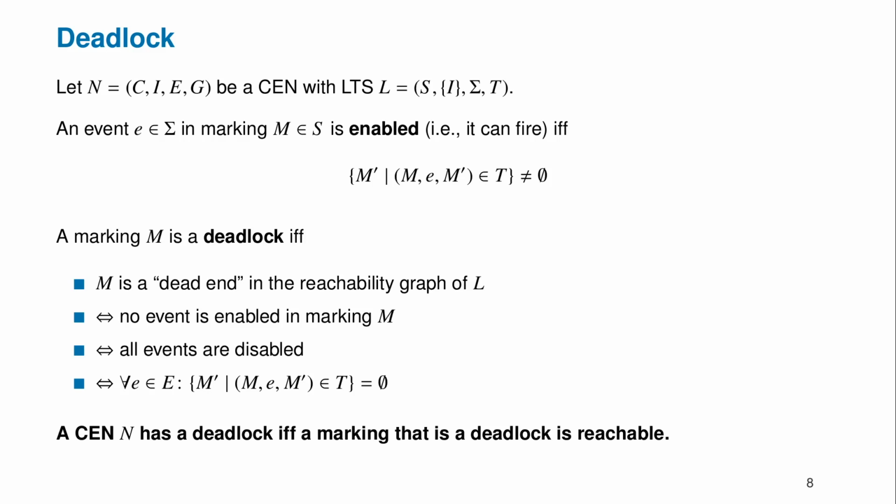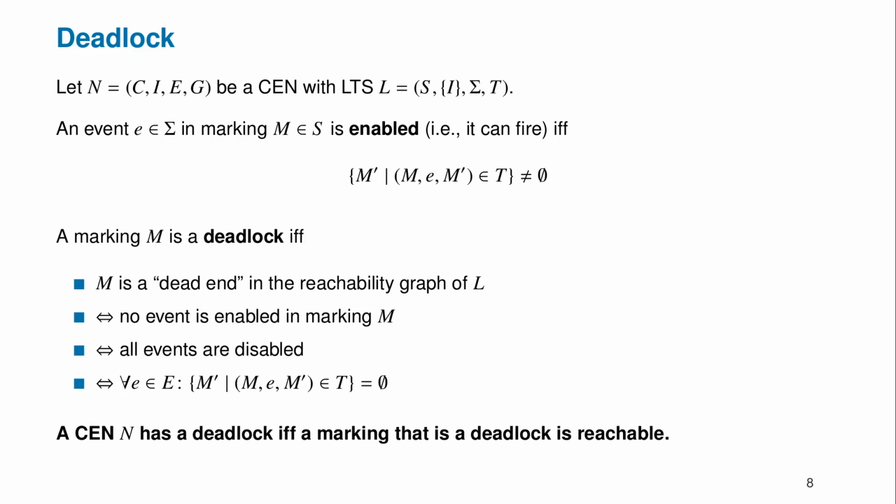So there are transitions starting from M executing E that lead to a successor state M prime, and this set of successor states is not empty.